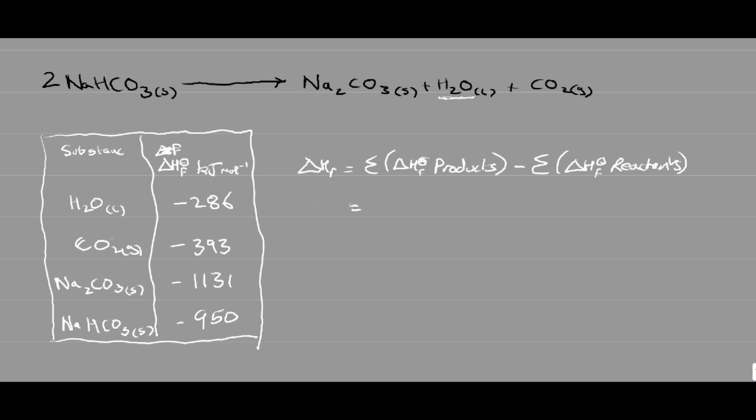And let's put these values in. This is minus 1131. It's the sum of, so we're going to add. So the 1131 is for sodium carbonate, which is one of the products.